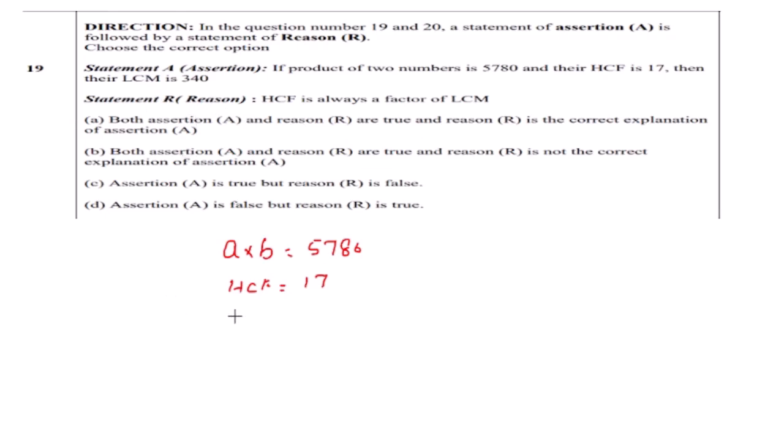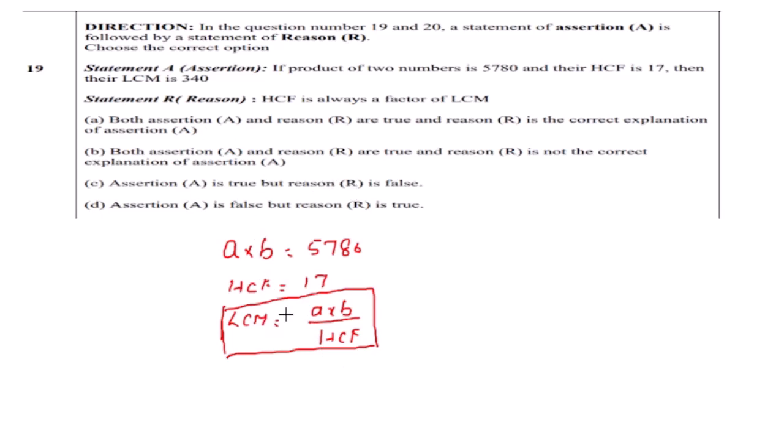So how to find out the LCM? LCM is equal to product of two numbers divided by HCF, that is A into B divided by HCF. This is the formula. This formula we are using for finding LCM, right? Only this formula is used, nothing else.